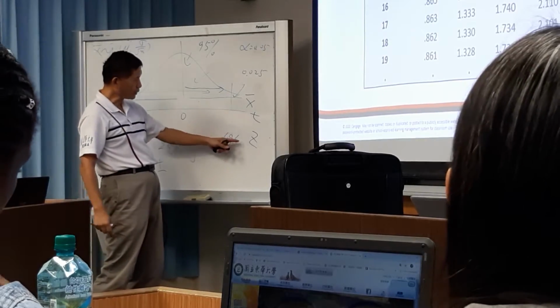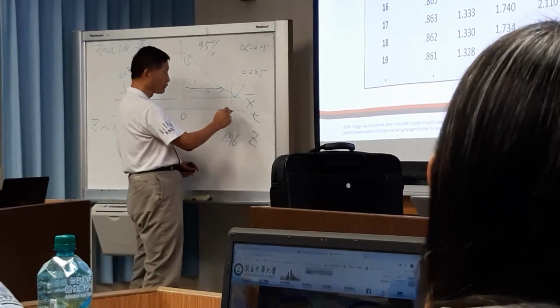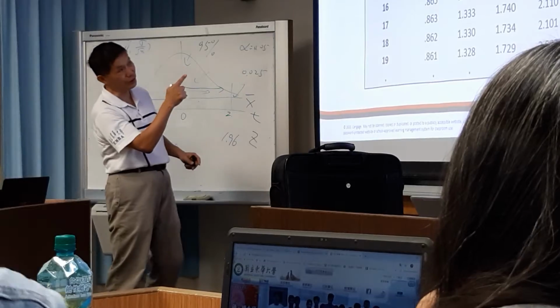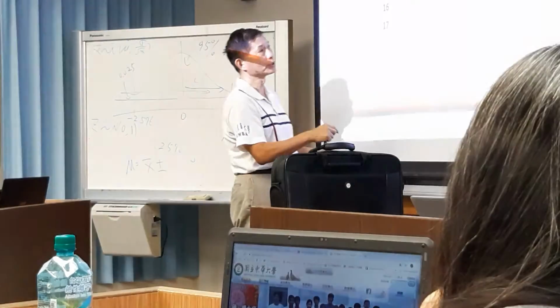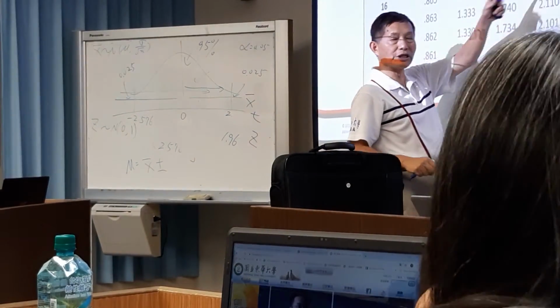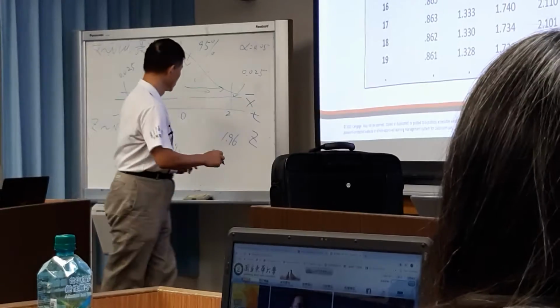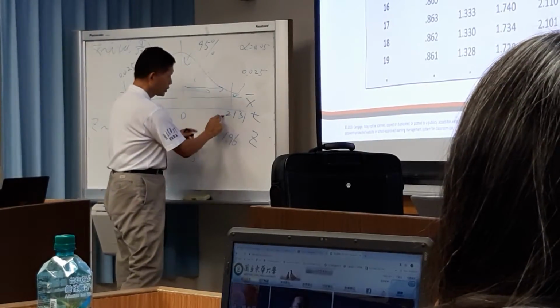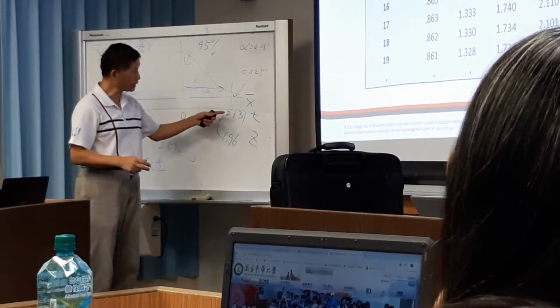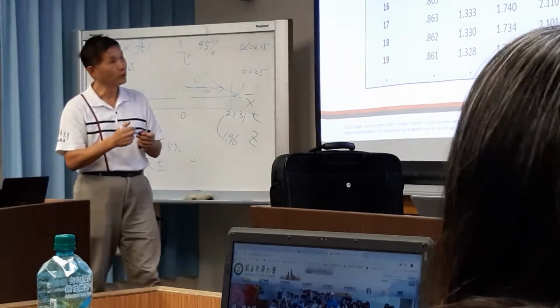But for T, the degree of freedom is 15, so the value is about 2. You can see it's different, and this is much wider.